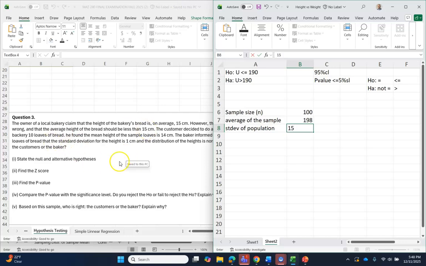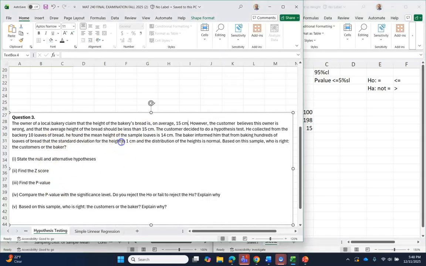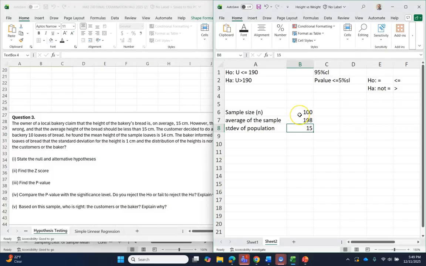Now, let's look at the question. So, you can see that we have the hypothesized average. And after the customer decided to do the hypothesis test, he came up with 10 loaves of bread, which is the sample size. For me, I have 100. And then the average height of the sample is 14 centimeter.